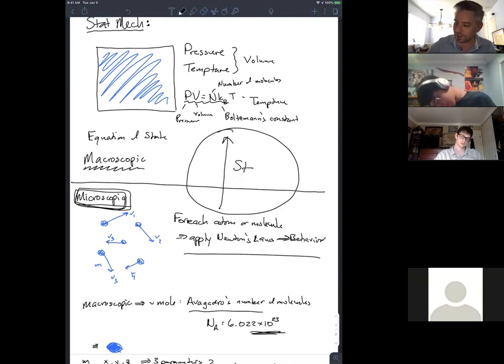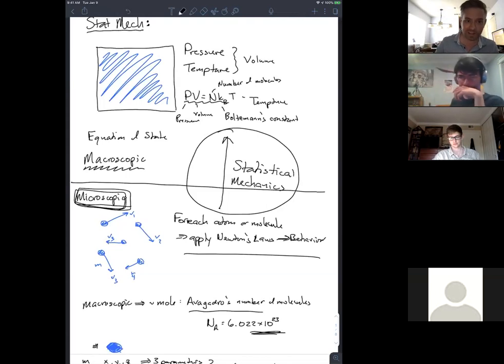Statistical mechanics is the framework that allows you to start with what you know microscopically about how you expect each one of these little balls to behave, and from that, extrapolate how an extremely large collection of those little balls is going to behave.